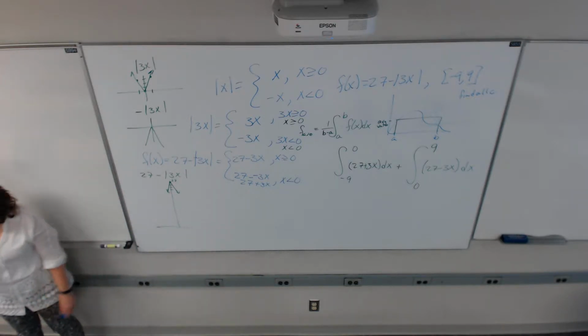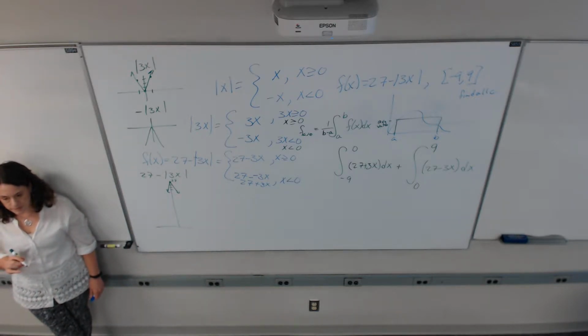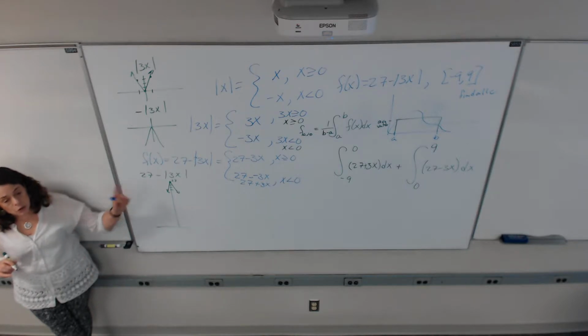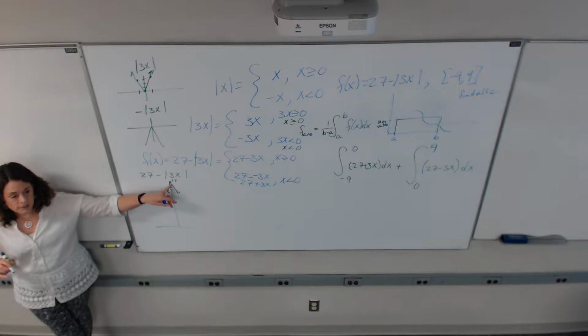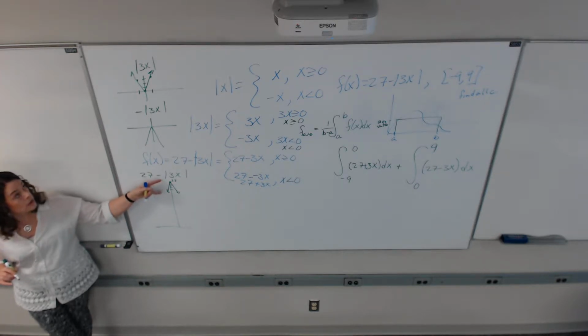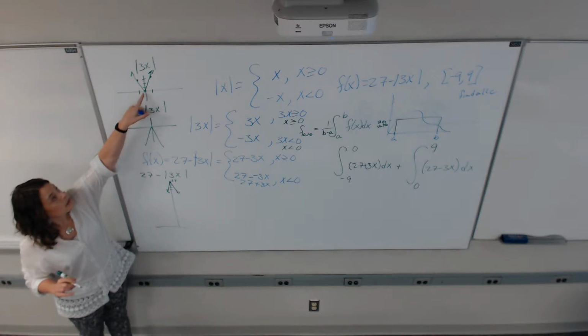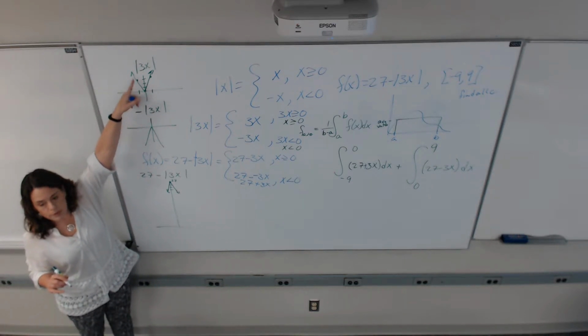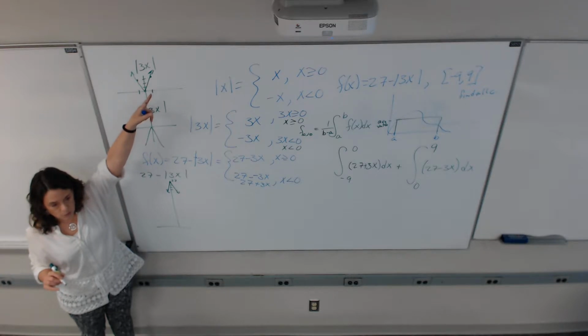It looks something like that. Same basic shape. This gives me two lines, right? They both have the y-intercept of 27, agreed? What's the slope on this one? I mean, what did you say? You're going to go up 3 and either left or right 1.